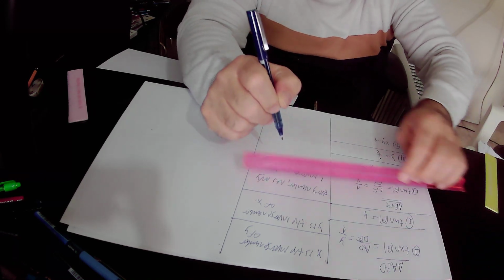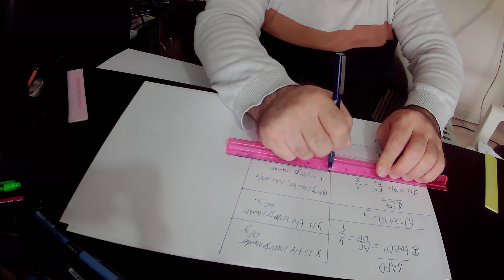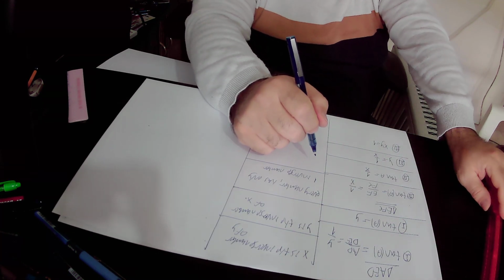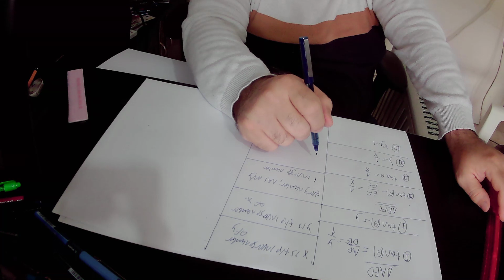For example, the inverse number of 5 is 1 over 5 and only 1 over 5, and the inverse number of 1 over 5 is 5 and only 5.